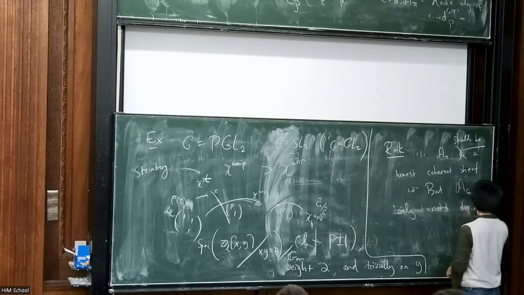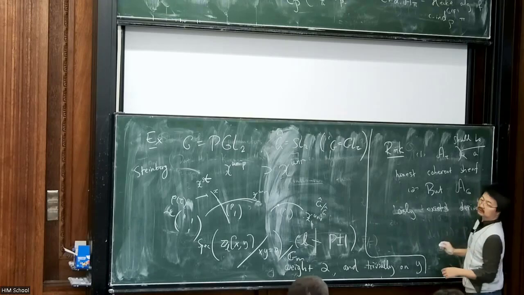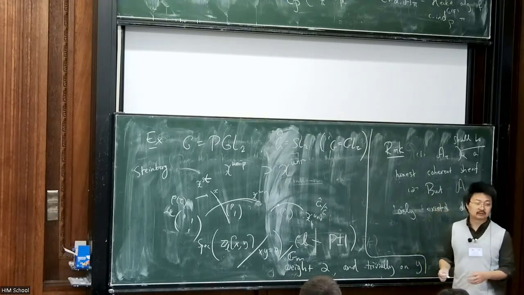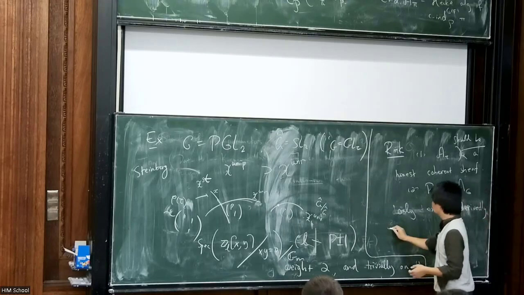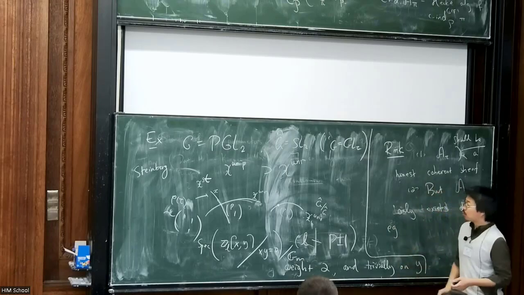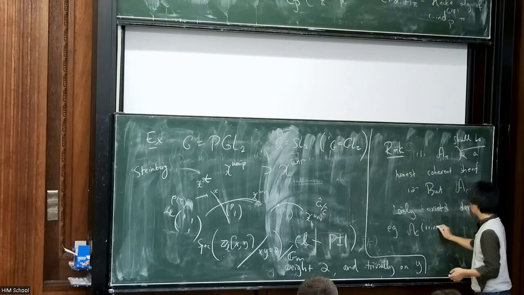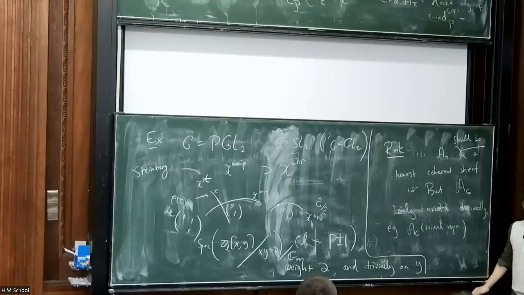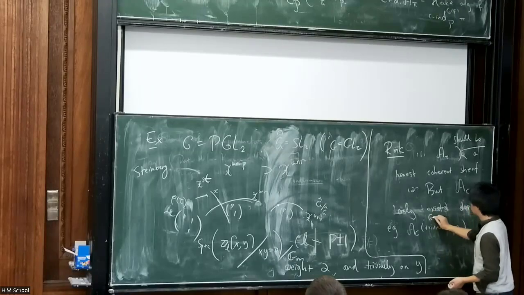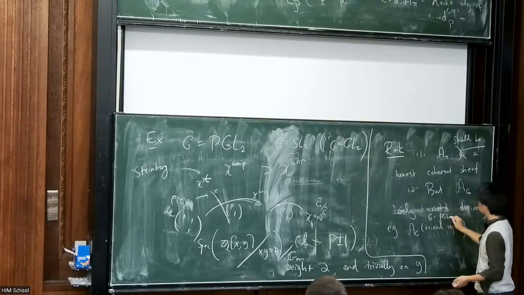It doesn't send an honest representation to an honest coherent sheaf in general. For example, you may ask what this functor sends the trivial representation to, in the simplest case G is PGL_2.